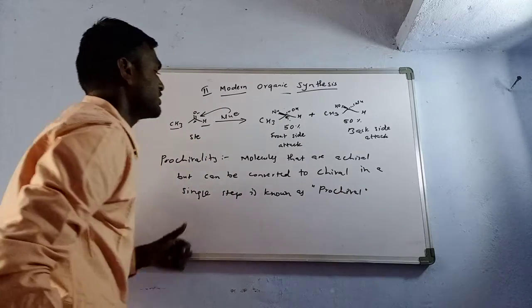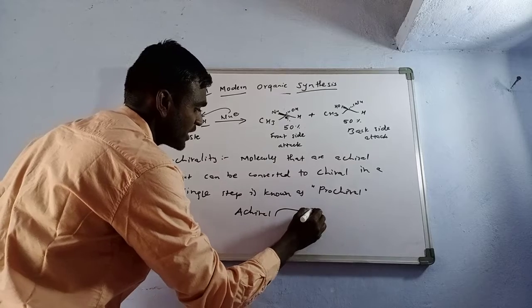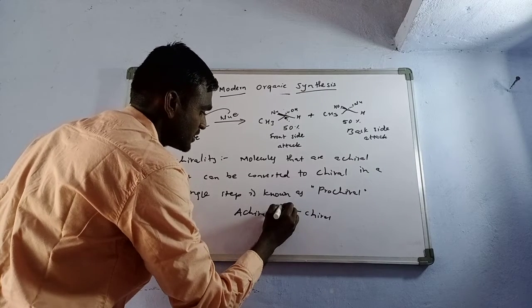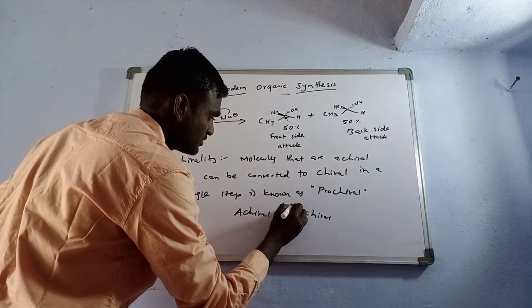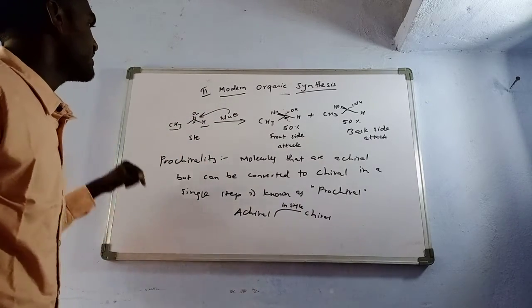That means whenever an achiral molecule becomes a chiral molecule in a single step, it is known as prochirality. Let's see.